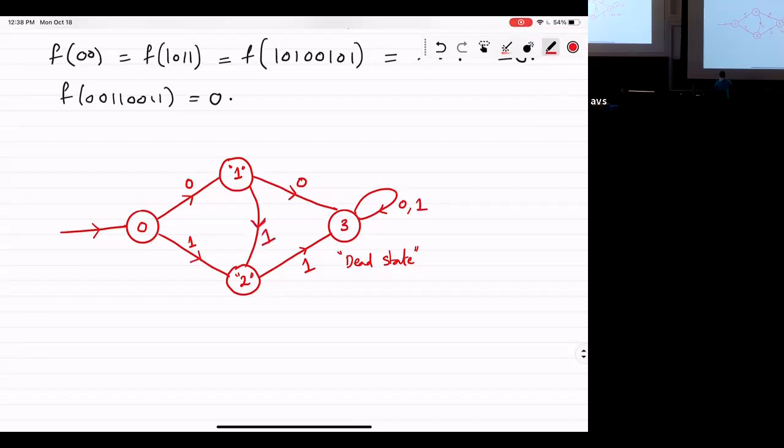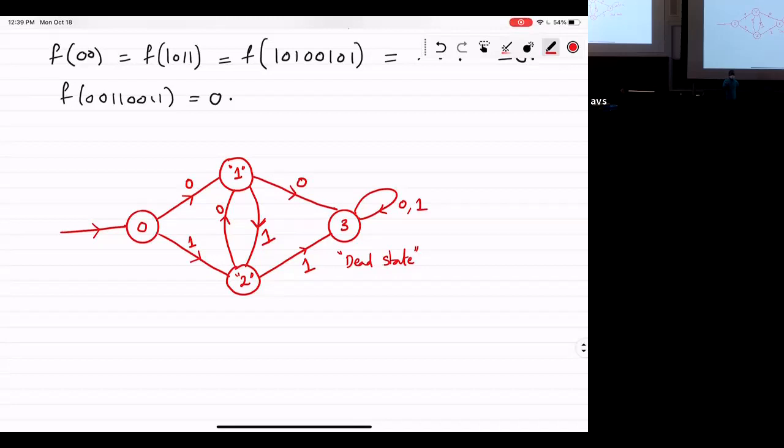In some sense, intuitively, the meaning these states convey is what was the bit that you saw previously. So if I see a 1, I go down, and if I see a 0, I go here. Now all the transitions are specified.